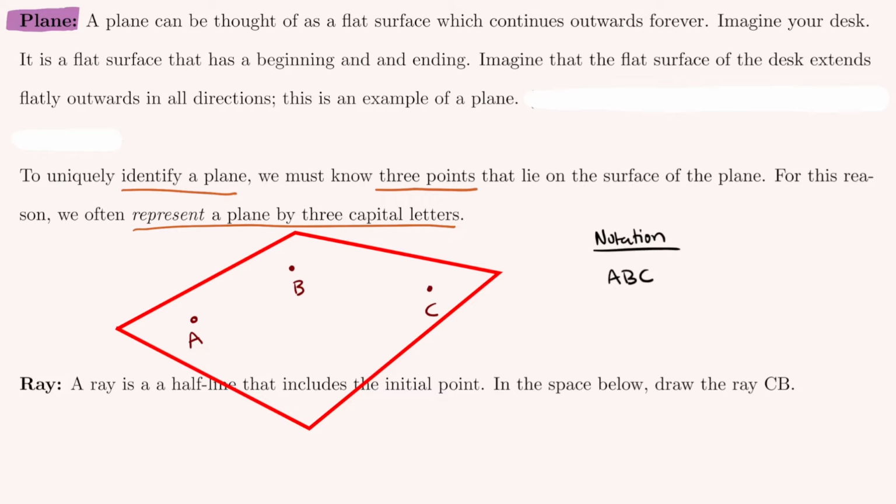So here I've drawn a representation of the plane that goes through these 3 points, and while it seems like there's an end or corners, we know by the definition of plane, since these extend outwards forever, these would continue out in this direction forever and ever.